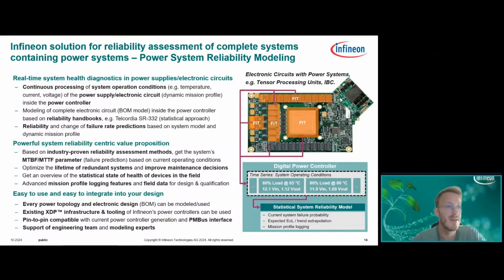And if multi-sourcing is an important topic to you, this will get even more complicated. With our solution, this becomes much easier, as it works for every power topology and essentially every electronic design. And it already exists for our XTP controllers, digital power controllers from Infineon.